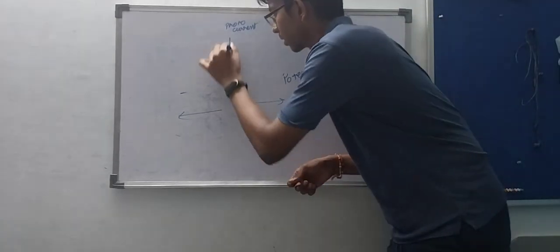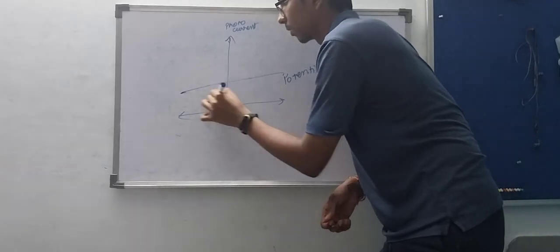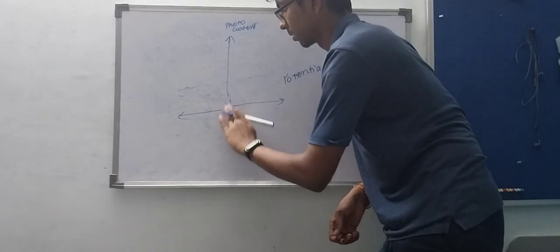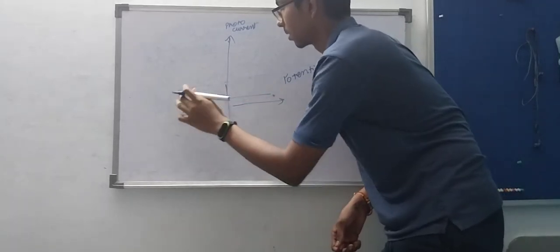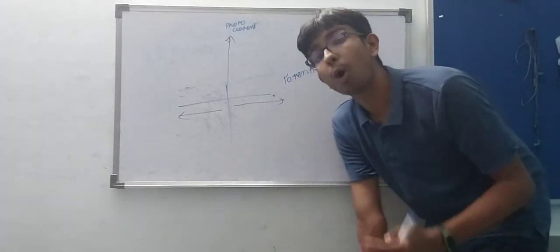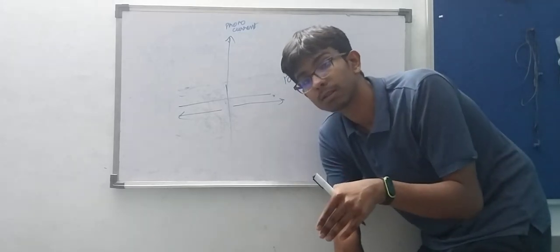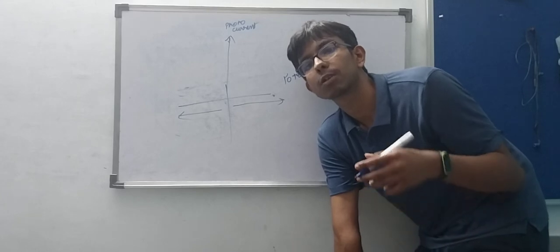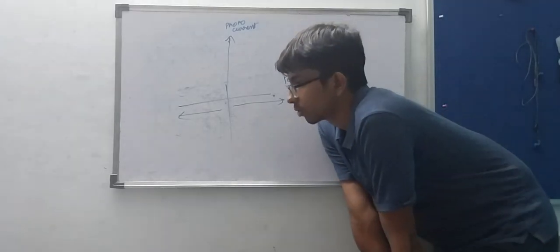Now what we've done is we've taken light of same intensity but different frequencies. Again, frequency is controlling energy, intensity is controlling how many electrons are being ejected.